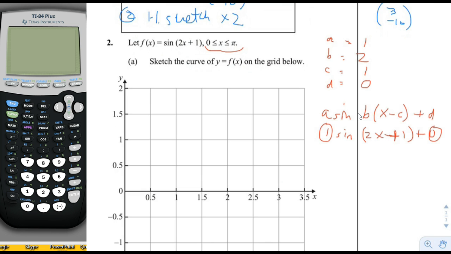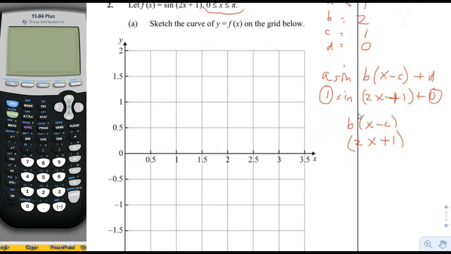But look, compare b times x minus c to 2x plus 1. Is it in the same format? No, it's not, because the b is factored out in one, and this is not factored out, so we need to factor out the 2. So it's actually 2 times x plus 1 half. So b is 2, and c is actually negative 1 half.